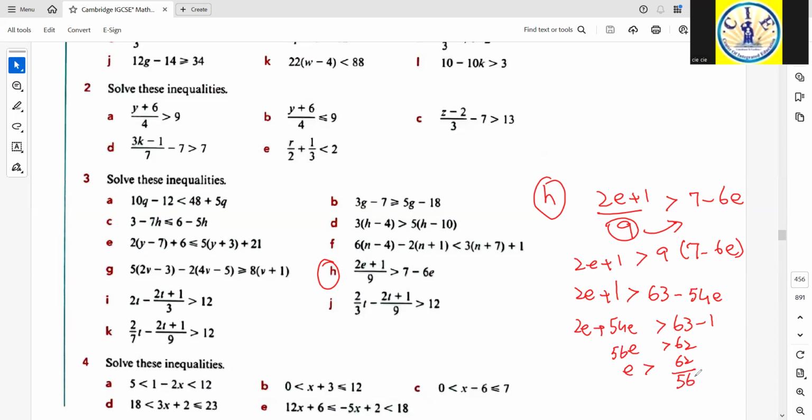So we can simplify it. 2 2s are 4, 2 8s are 16, 2 3s are 6, and 2 1s are 2. 31 divided by 28, then 1 whole 3 by 28. So in this case, there was no change of the direction of the inequality.